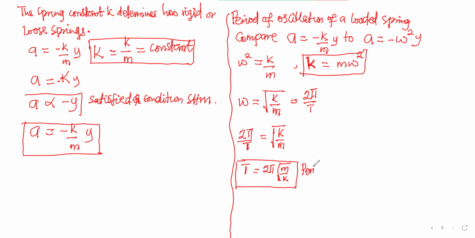Period of oscillation of a loaded spring. Meaning, the period of oscillation of a loaded spring is directly proportional to the square root of the mass, meaning when the mass of the load attached increases, the period also increases.